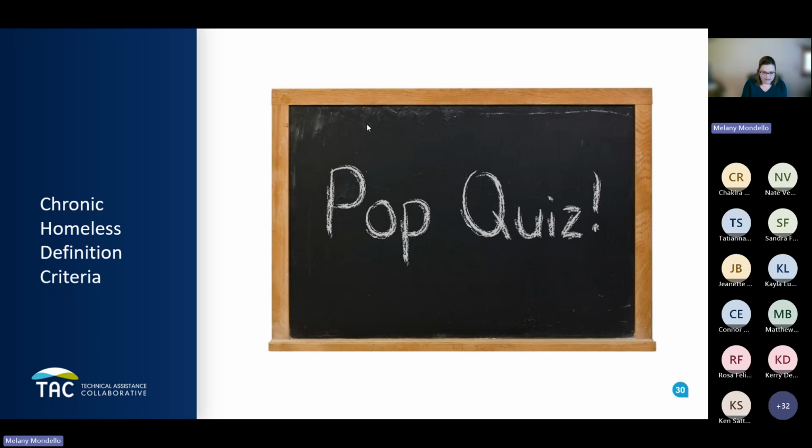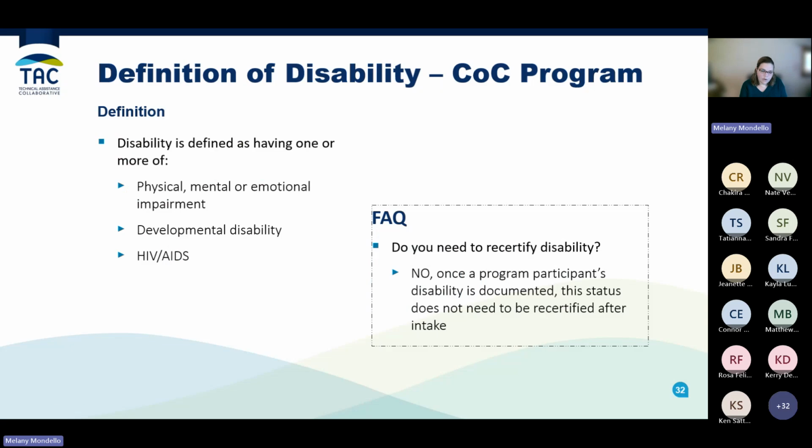So that is just a quick review of just some of the things that we said. Again, we'll go over in much more detail how to document those. Real quickly, this applies to the CoC program PSH projects. But if you're a rapid rehousing program provider on the call today, you may be referring to a PSH project.